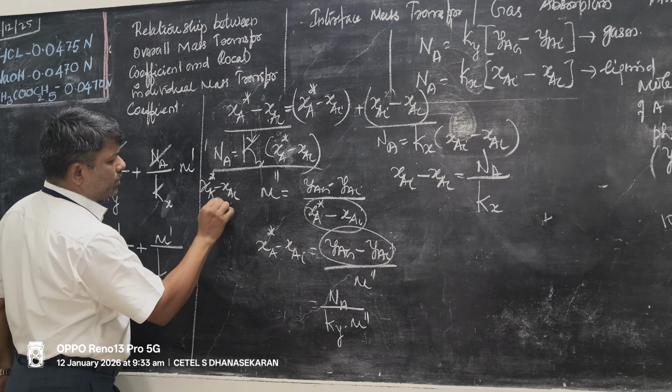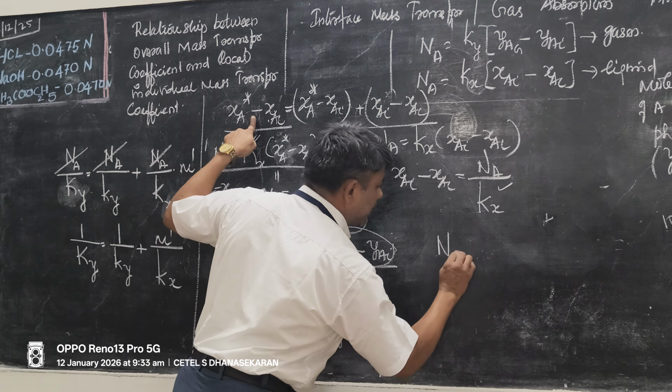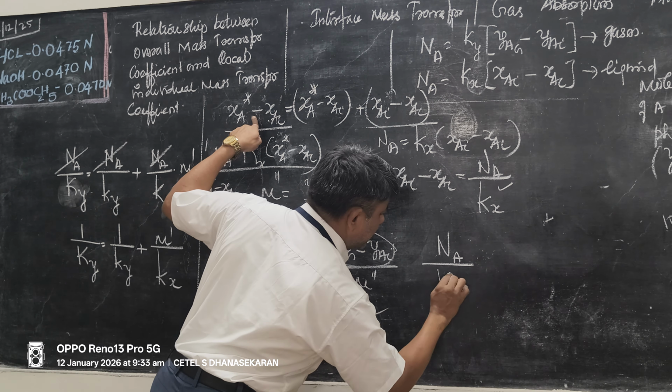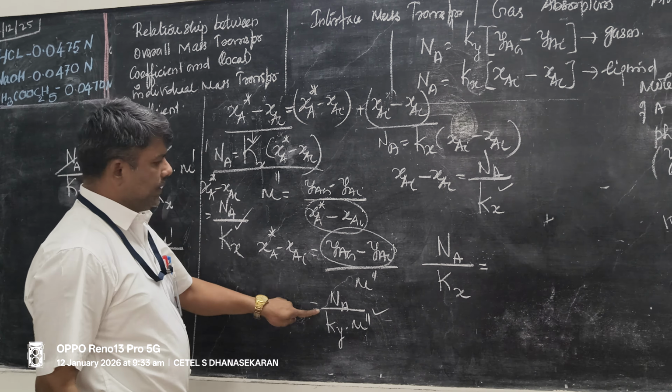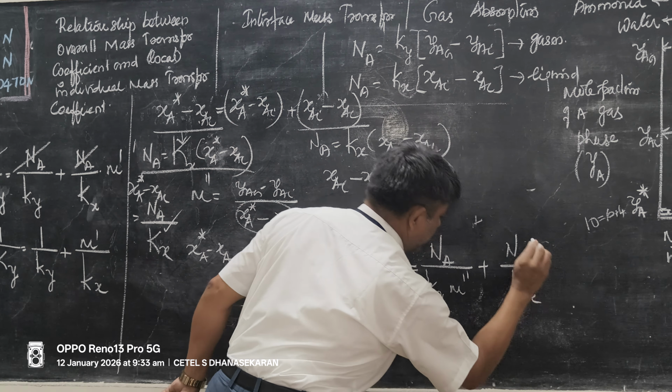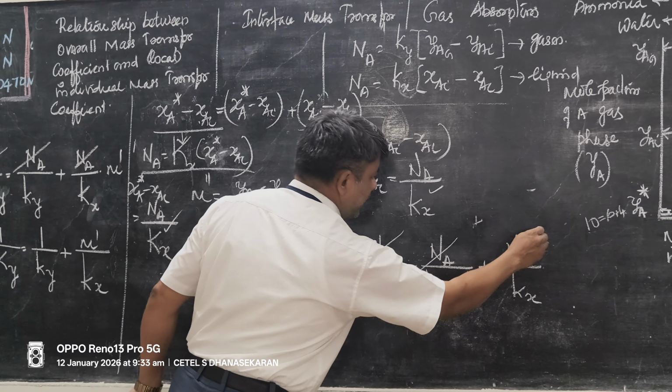Substitute this information in this equation. NA divided by capital K suffix x is equal to NA divided by small k suffix y times m double prime, plus NA divided by small k suffix x. So we cancel the NA value.